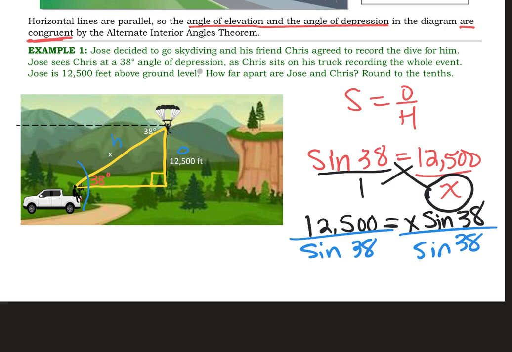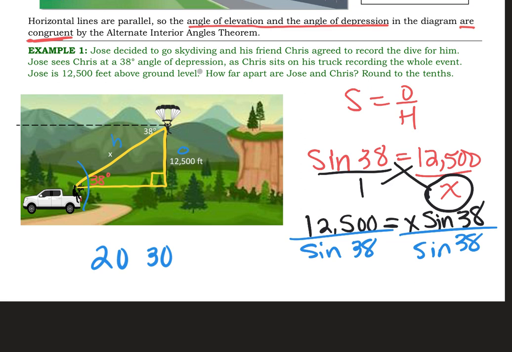Can someone enter it in their calculator and see what I get? 12,500 divided by sine 38. 20,330. It's a big number. 20,303.